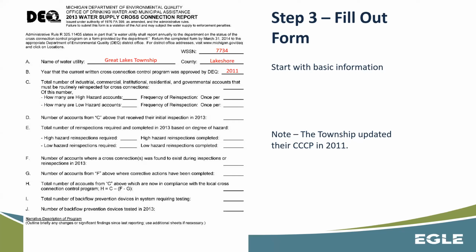Our first step here is filling out basic information. Again, this tells us what water system or who is completing this, and where we are getting the information from. And then there's a line where you should note when your most recent cross connection program update was. On this particular example, it was from 2011.